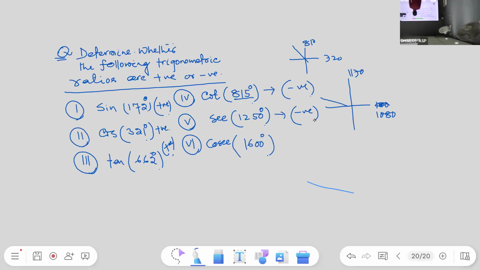So sec 1600. 1600 belongs to first quadrant.